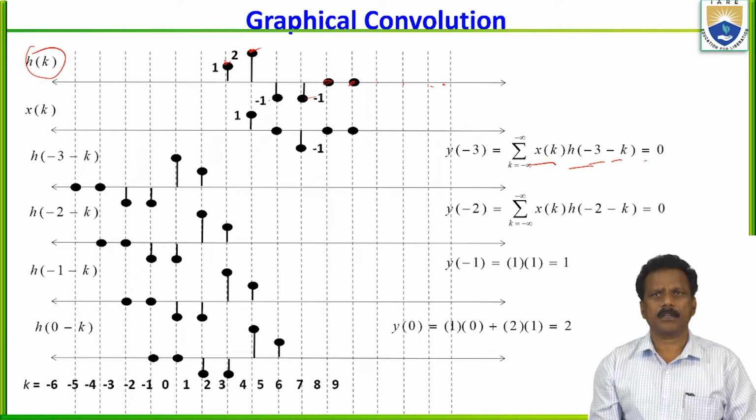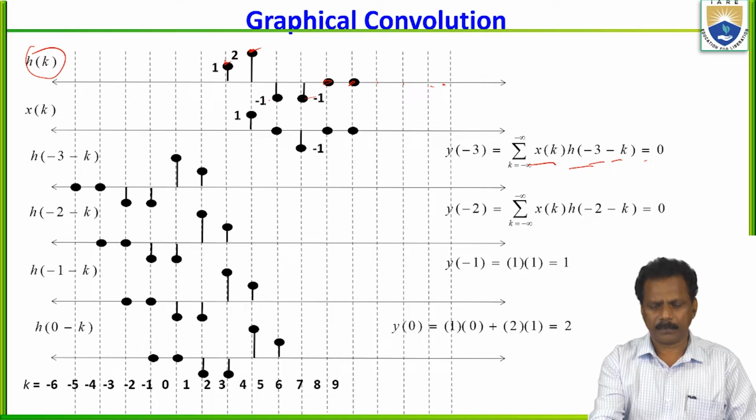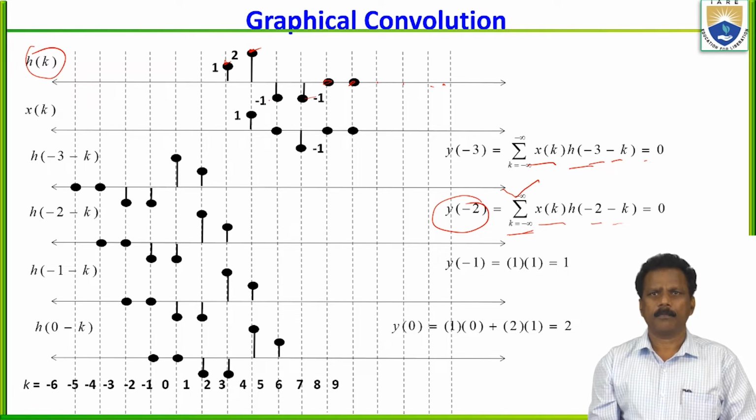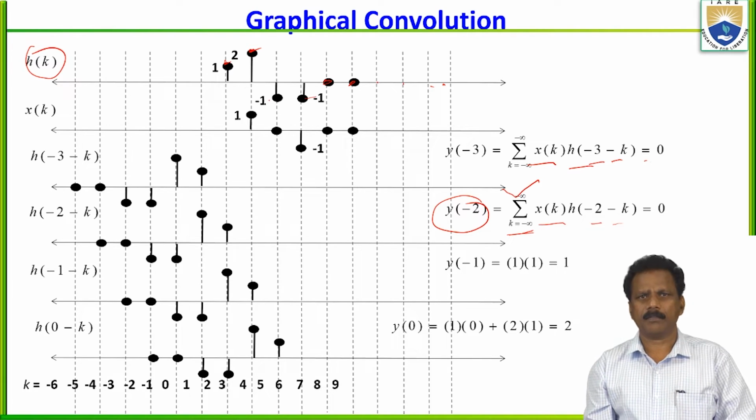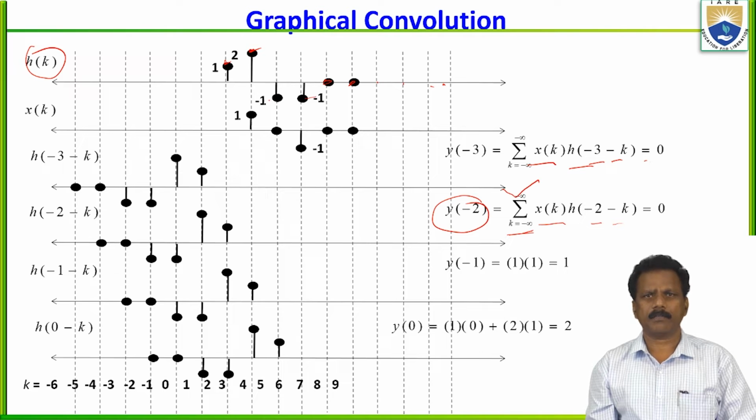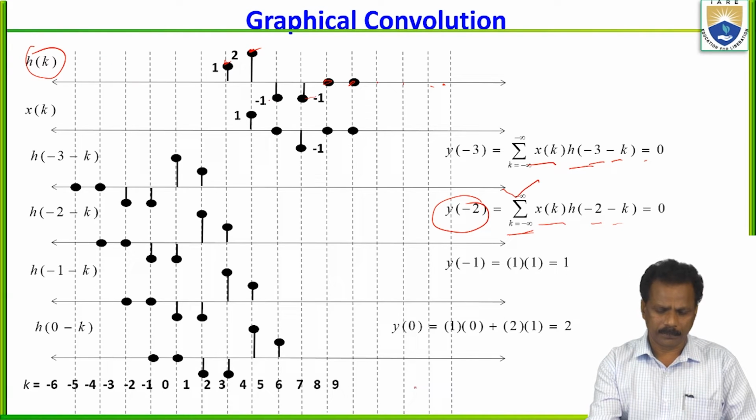So easily, graphical convolution will be varied where y of minus 2 is equal to the summation k equal to minus infinity to plus infinity x of k h of minus 2 minus k, which equals 0. Next, h of minus 1 minus k.